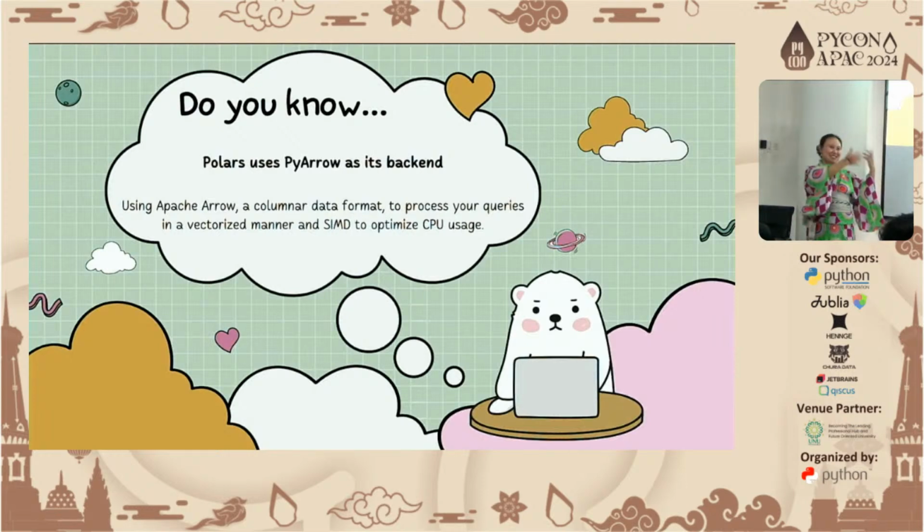So polars is not exactly pandas version 2, but it's a new library that uses PyArrow as its backend. The reason for using PyArrow is that it is a column-based data structure, so it allows very quick queries and a lot of benefits when you are carrying out operations and manipulating your data.